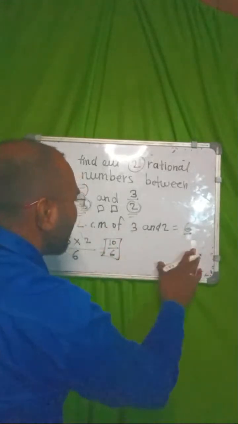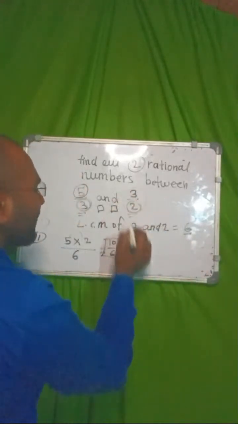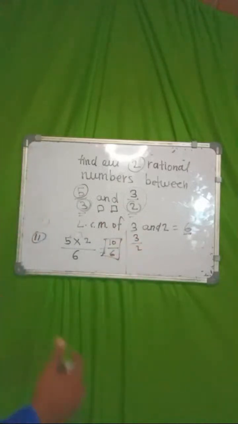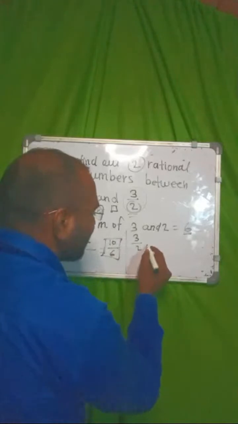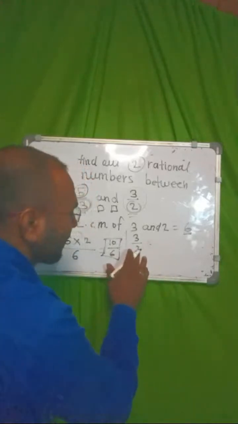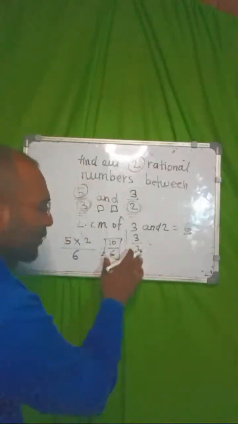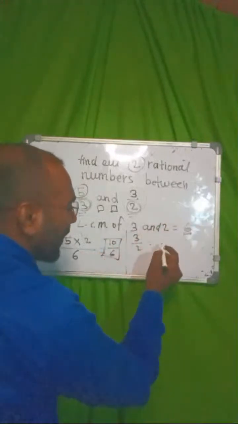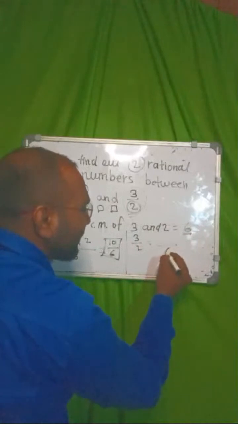Now the second one, 3 divided by 2. How do we convert this? In place of the denominator, we write down the LCM, which is 6.